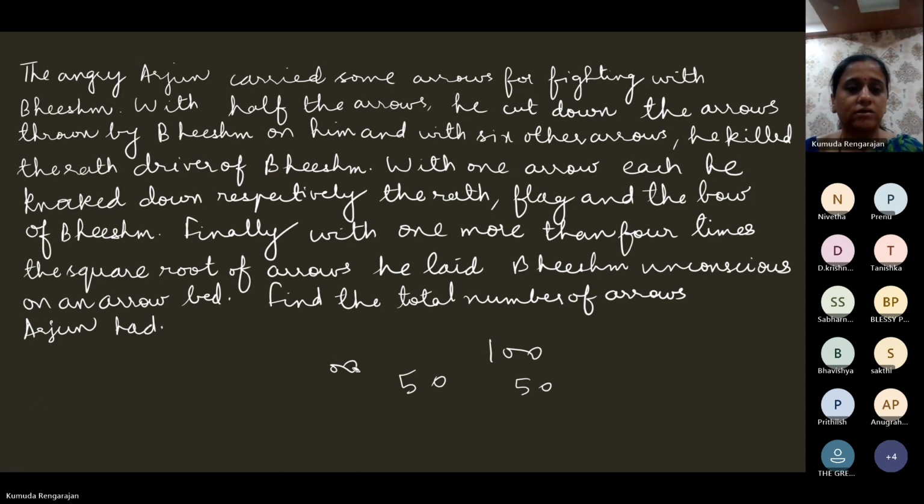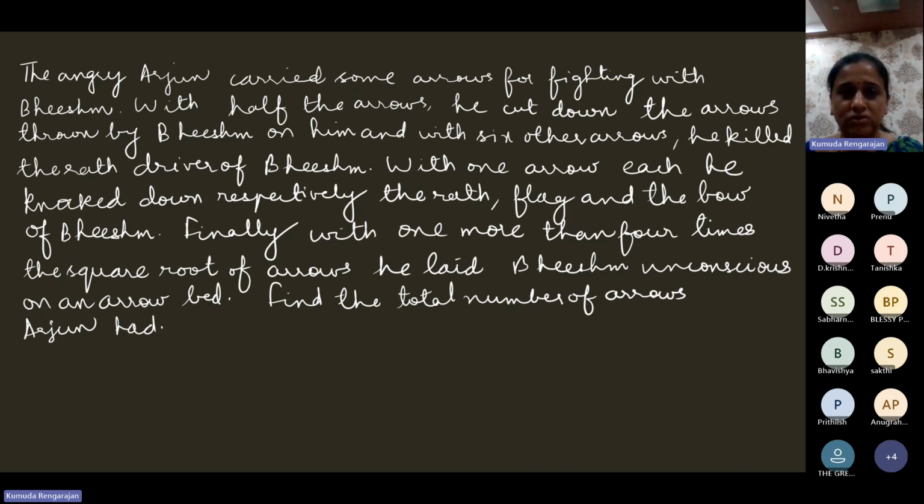So with half the arrows, he cut down the arrows thrown by Bhishma on him. So it's between Arjun and Bhishma. And with 6 other arrows, he killed the Rath driver of Bhishma.